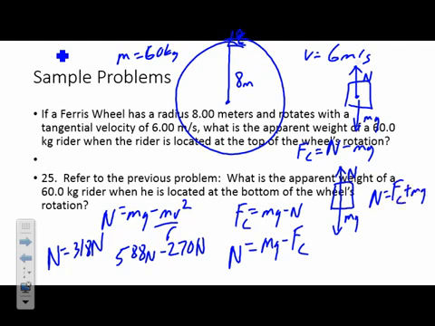And like we saw a second ago, the centripetal force was 270. The real weight of the guy, 588. So we add them in this context. And when we add them, we get an apparent weight of 858 newtons down at the bottom of the rotation.